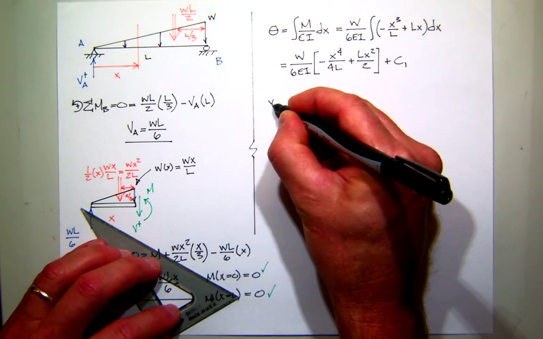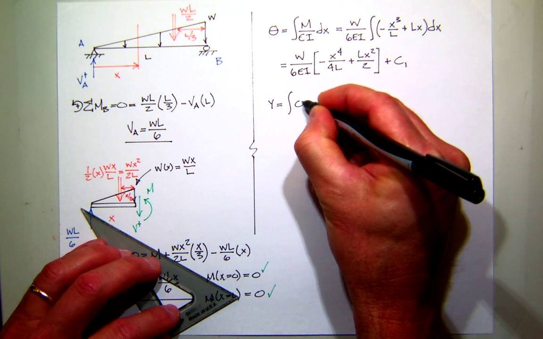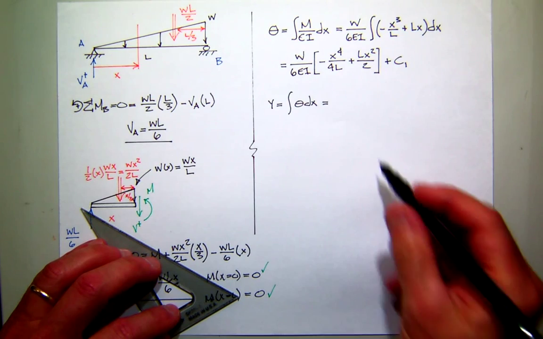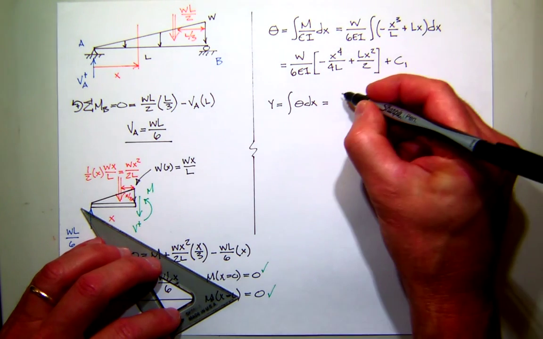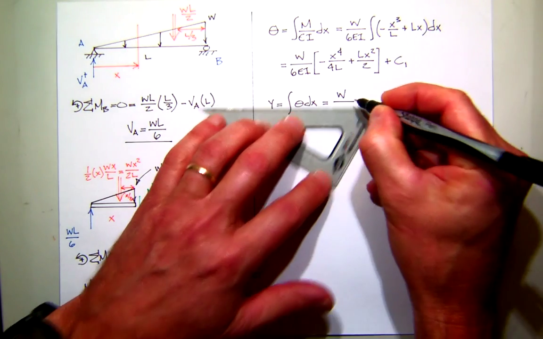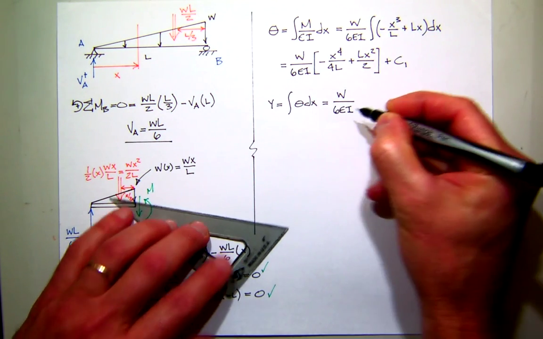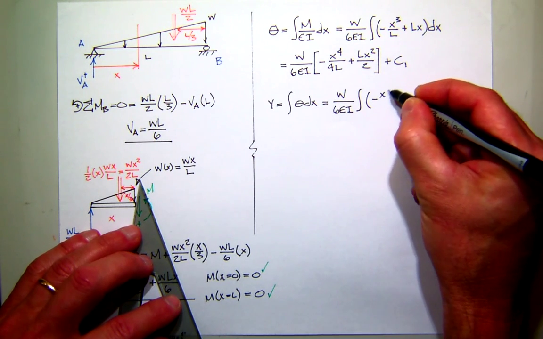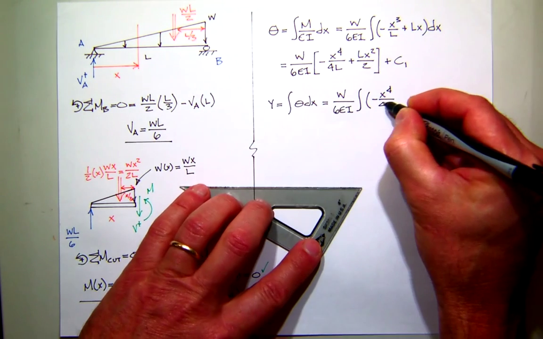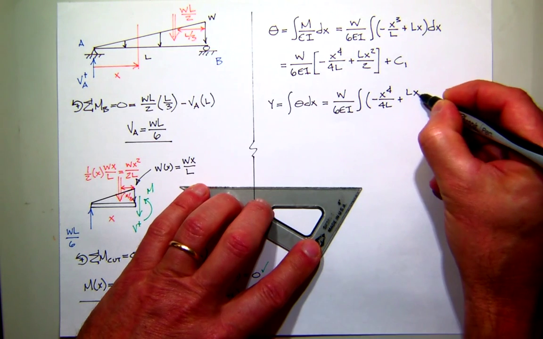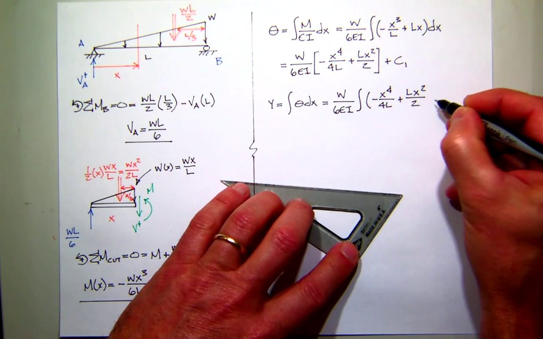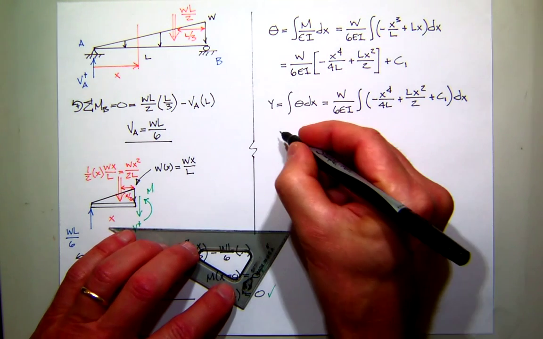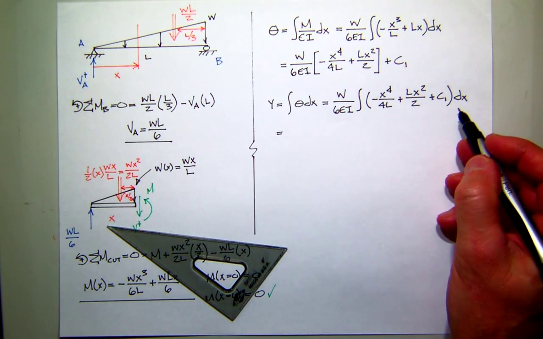So the next step would be to integrate the slope to get the displacement. So let's do that. I'm going to leave this W over 6EI out again. So I'll have the integral of all this stuff, which is, I'm just going to rewrite it for you. This was my slope equation, including the constant.